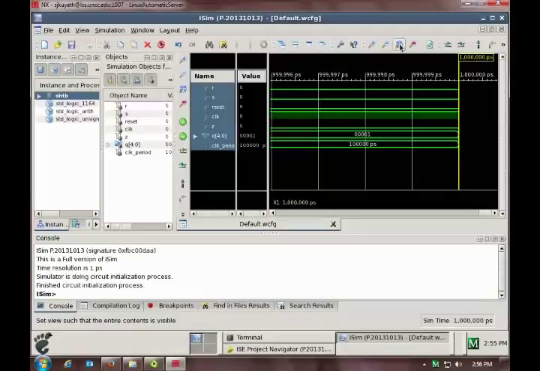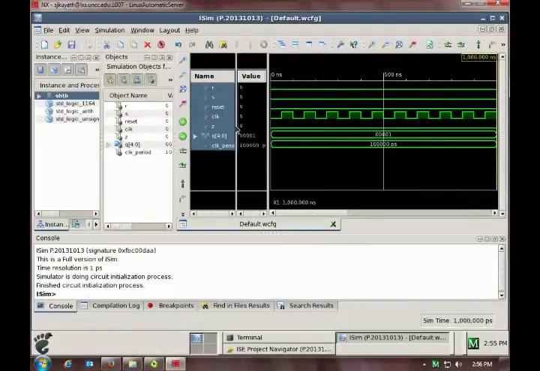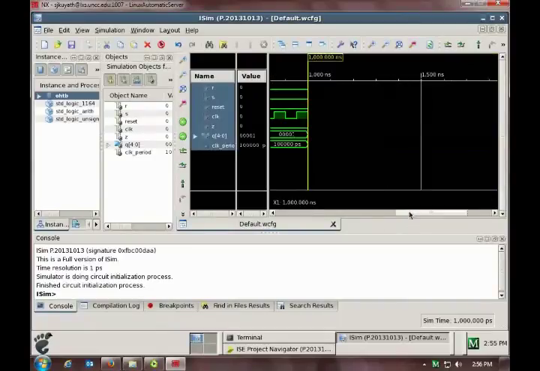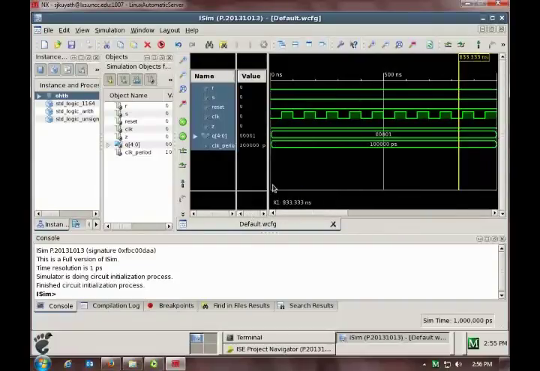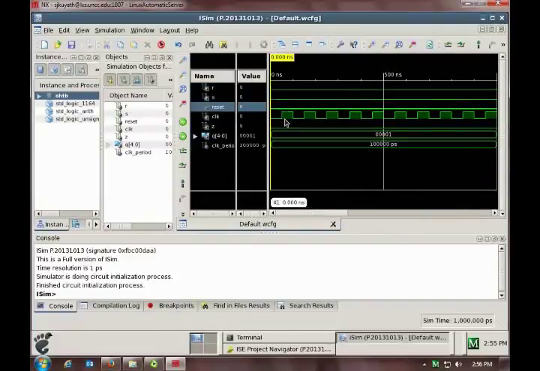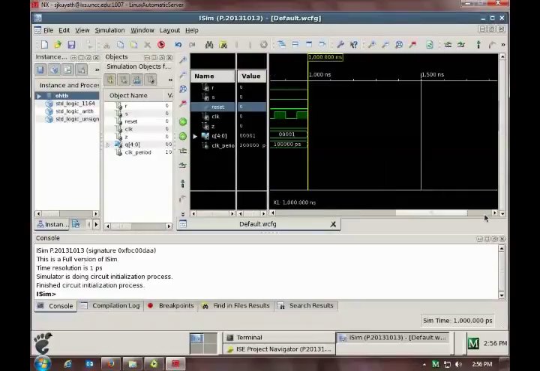All right, let's see what we get. Okay, there's reset. It sees low, and for some reason it never sees it go high again. Okay, it stays in 1.